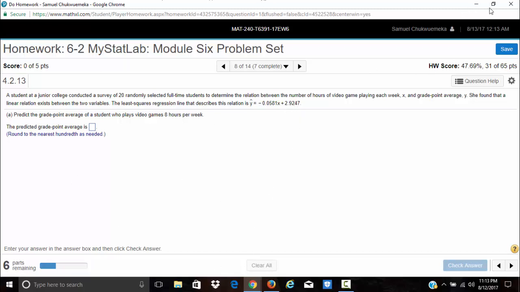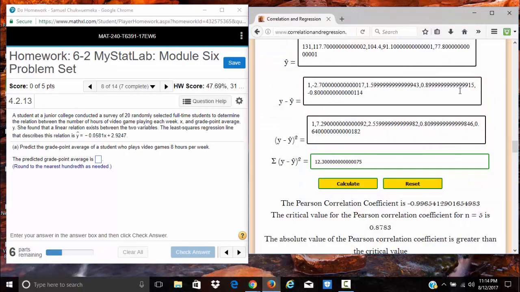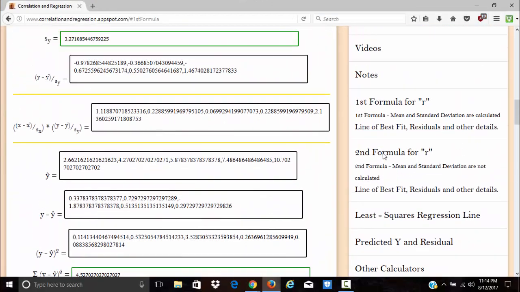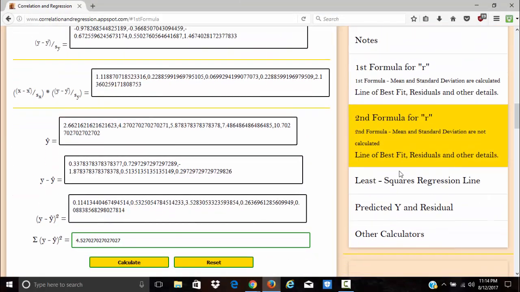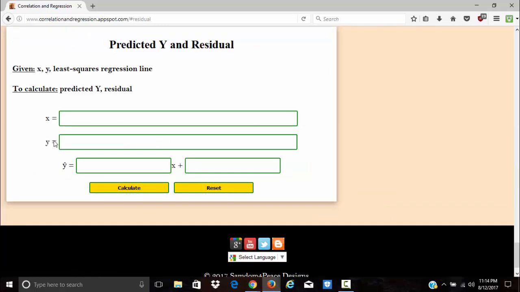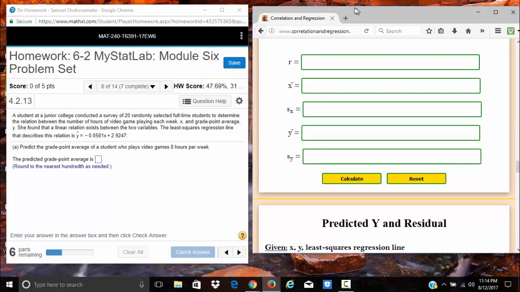That's all you need to do, and you will get the answer. Okay, but I'm still gonna use my calculator to do this. In my calculator, if you go under resources here, look for predicted y and residual. So I'm gonna do this, but you can use your calculator to just do it.